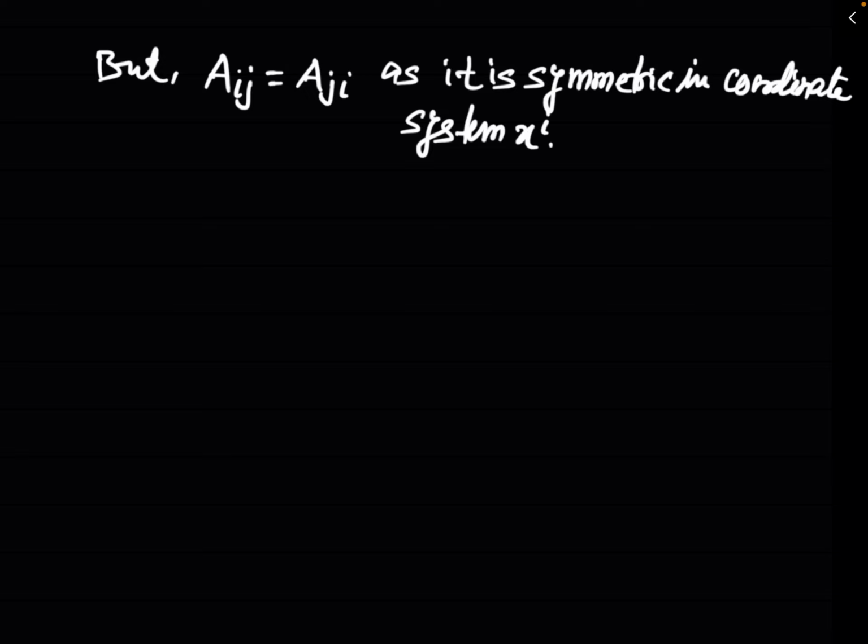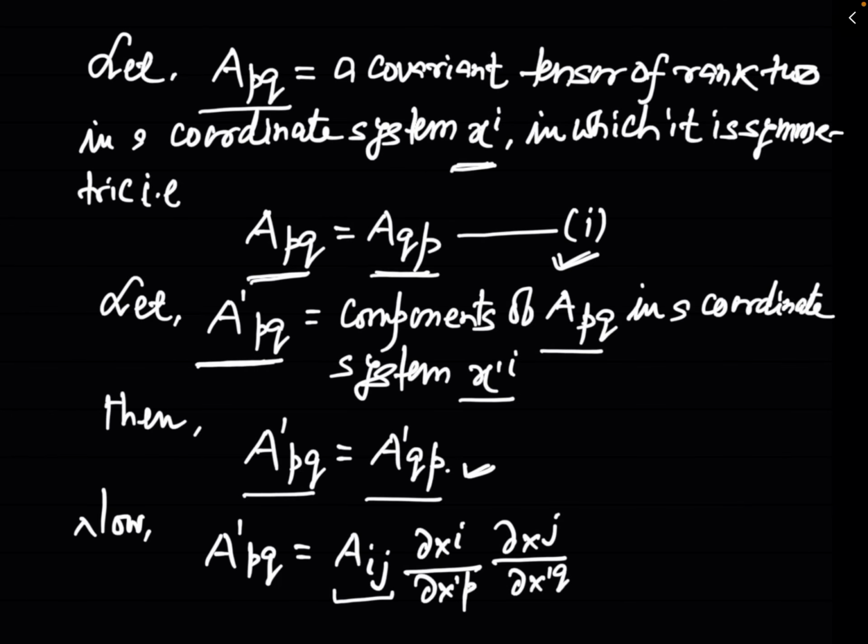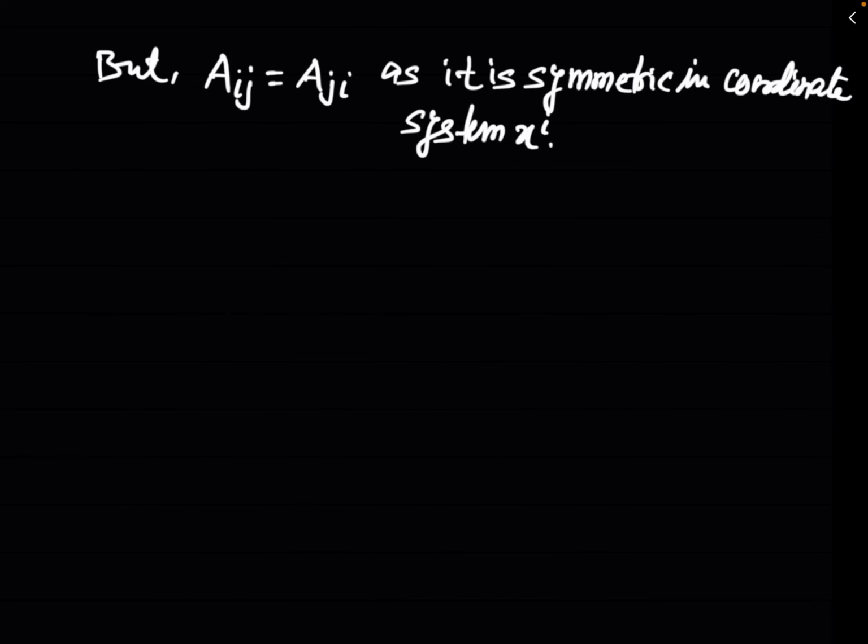It is just the statement of our theorem. And therefore, you can replace this Aij by Aji.